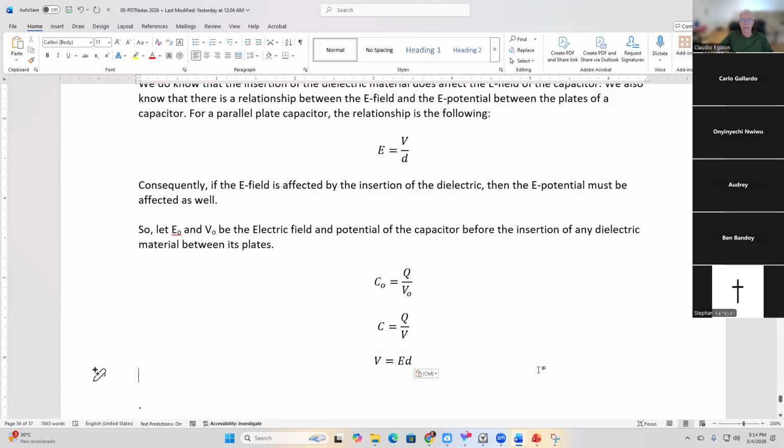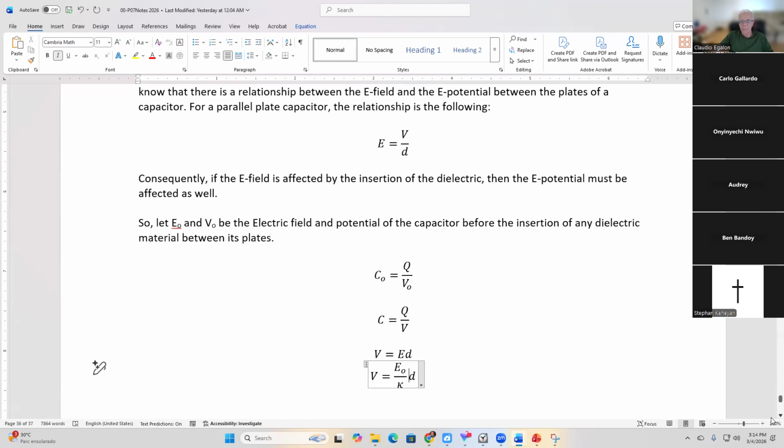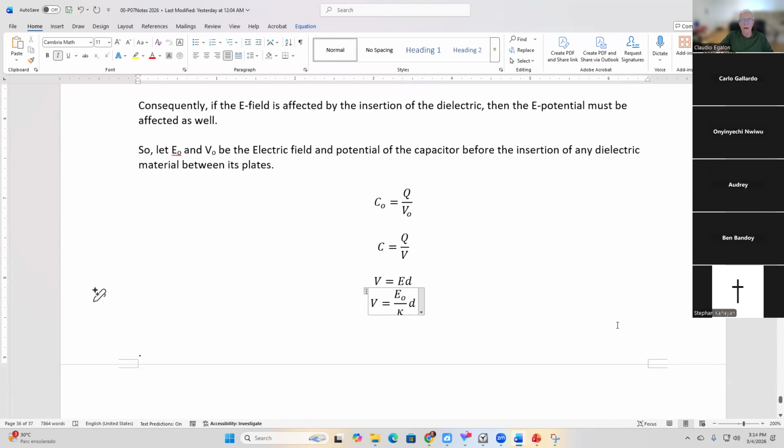Like that. But let's not forget that my new E is going to be the original E without the dielectric divided by kappa. Make sense? Okay.